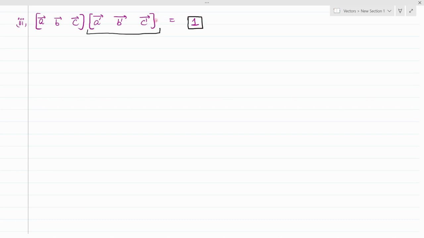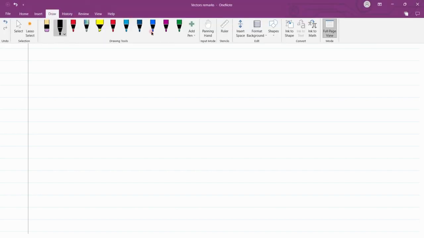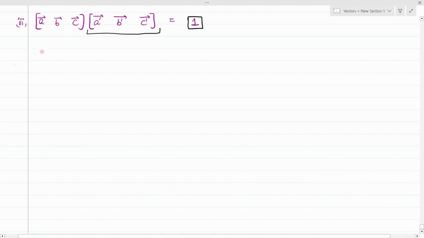Let's see how it is. So write A, B, C as it is.